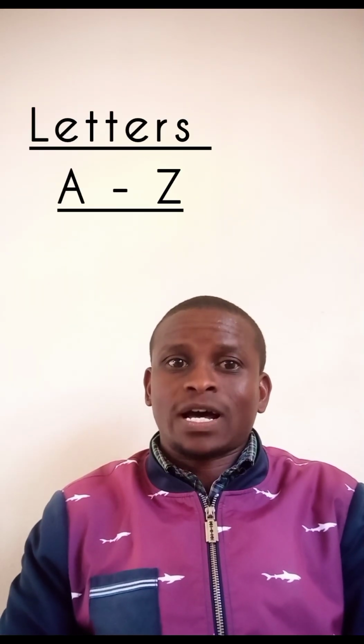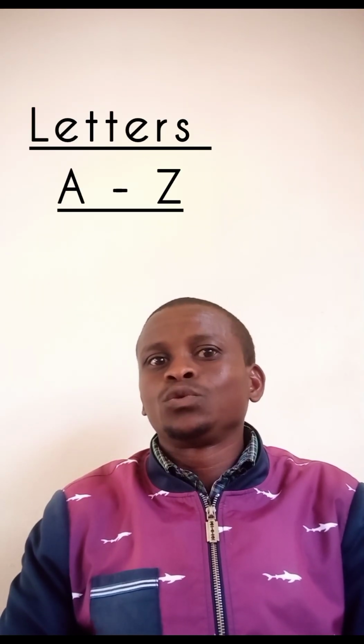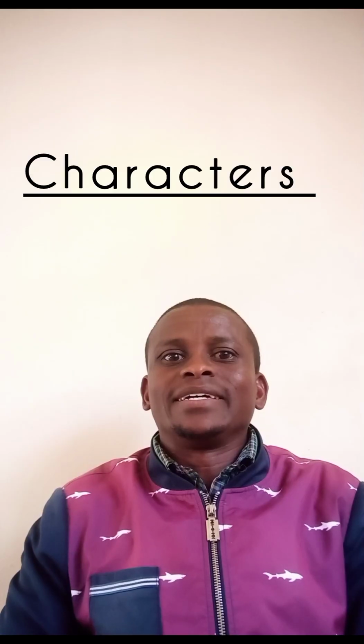Letters are also facts. A to Z, they are also facts. And we also have characters, like the dollar sign, and also symbols like hash, symbols like at, among others.